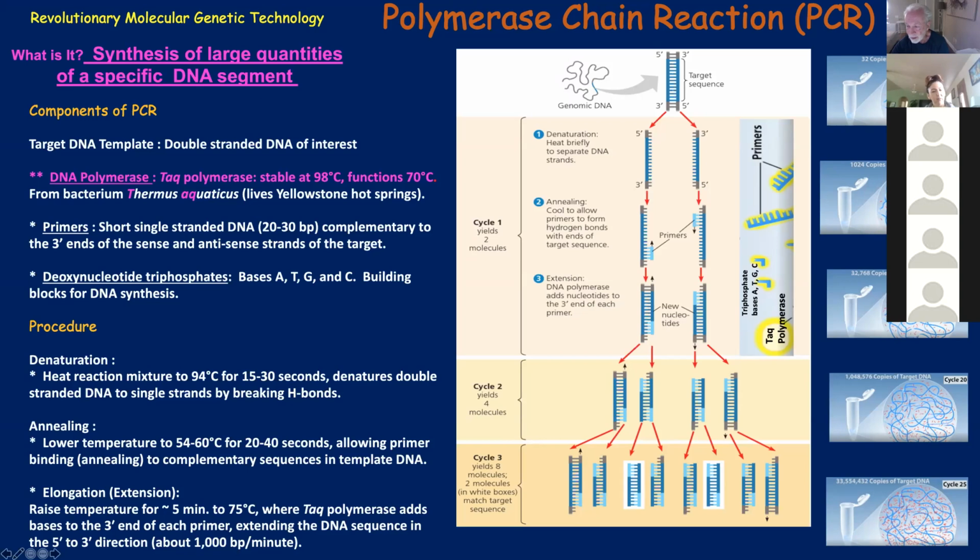After cycle 15, there are 32,000 copies. And after cycle 25, there are 33 million copies, all starting with a single copy. And so you've gone from 1 copy of DNA to millions of copies in just a couple of hours.